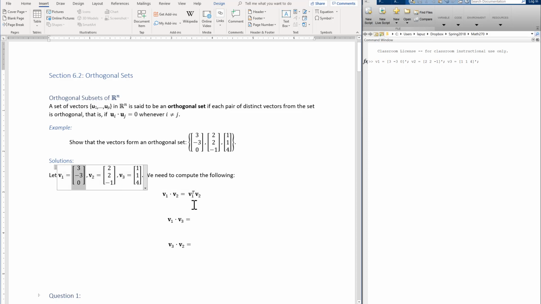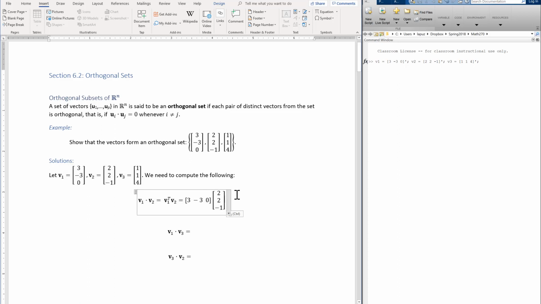So that's essentially equal to the transpose. So that would be just 3 minus 3, 0, and then that gets multiplied by v2.